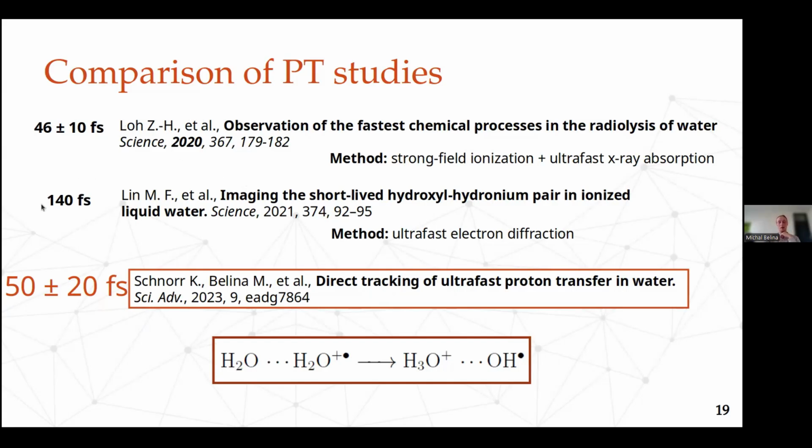And this 140 femtoseconds is not directly comparable to this, because they studied the movement of oxygen atoms, which is slower, and which was observed to be much slower than this, even in our simulations.